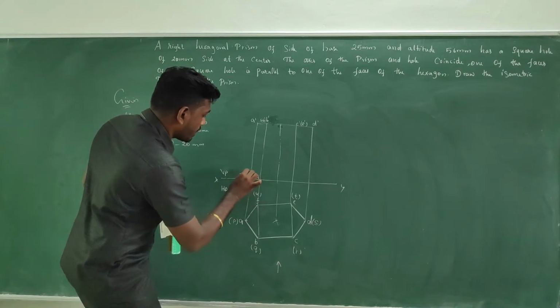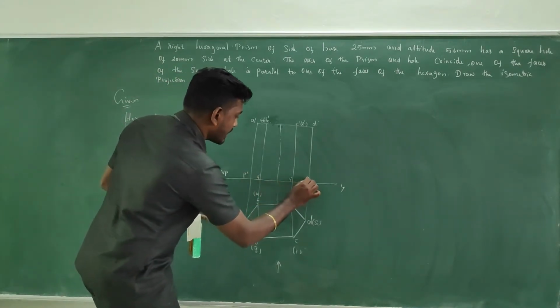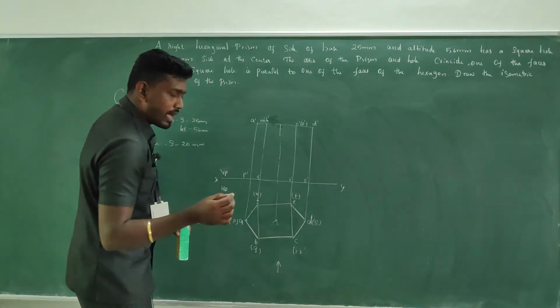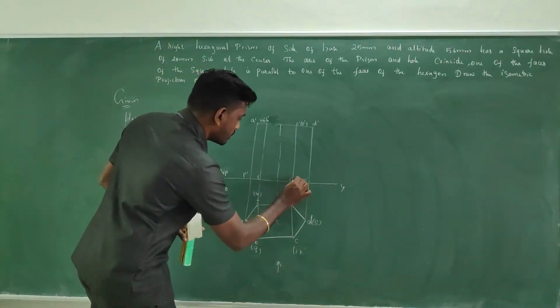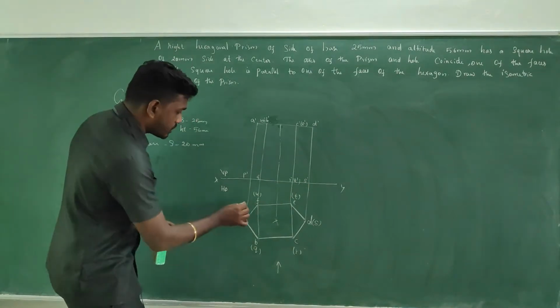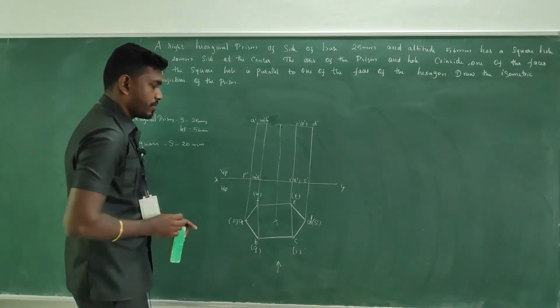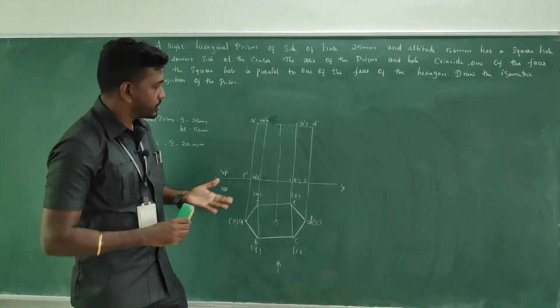P dash, Q dash, R dash and S dash are visible, and T and U are invisible. T and U are invisible, so take them inside the bracket.